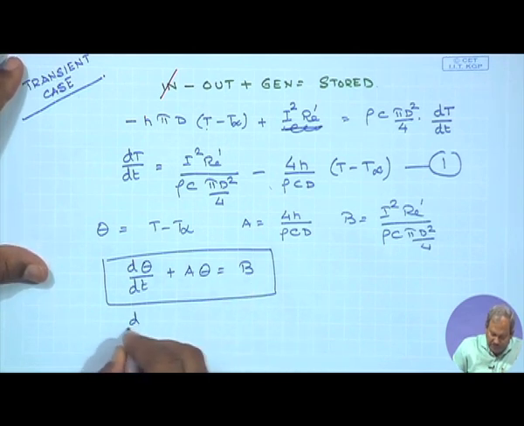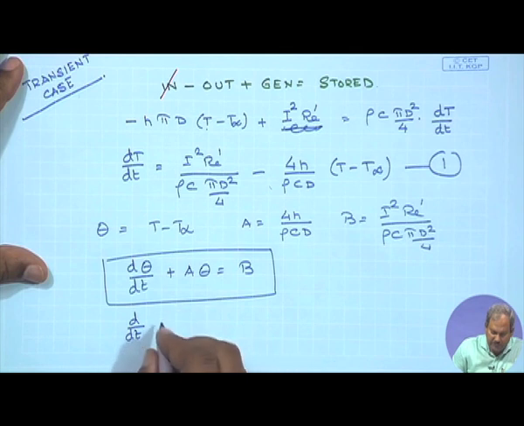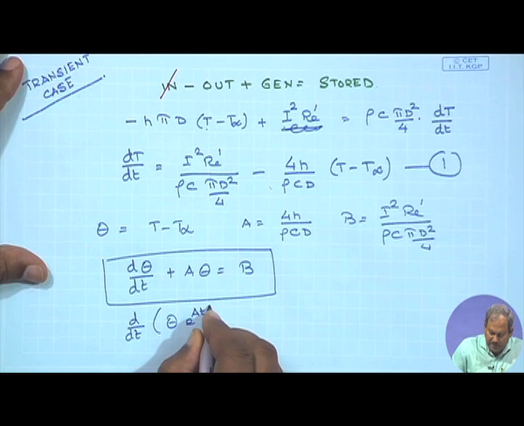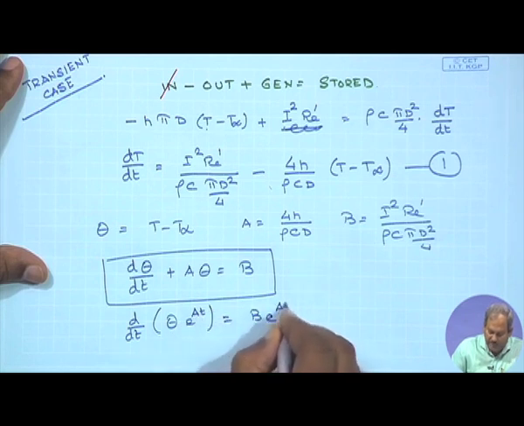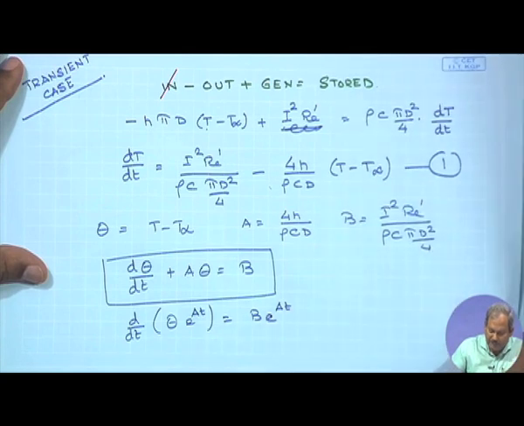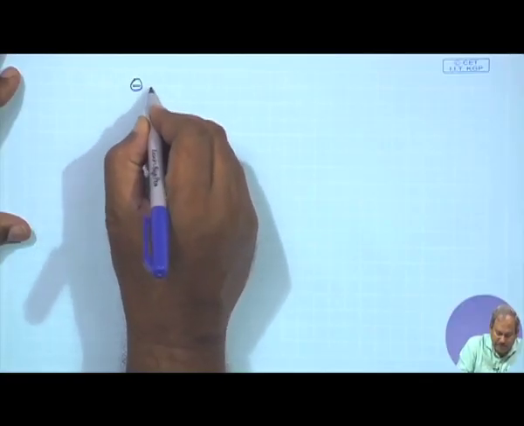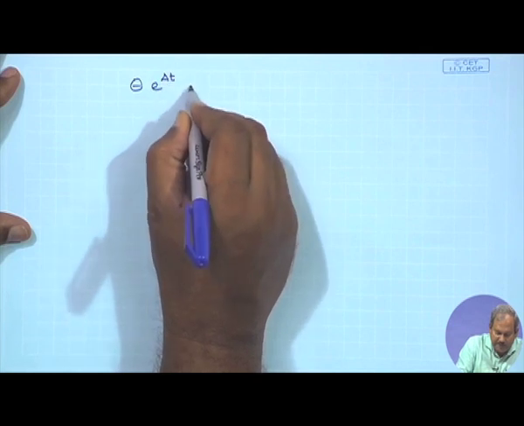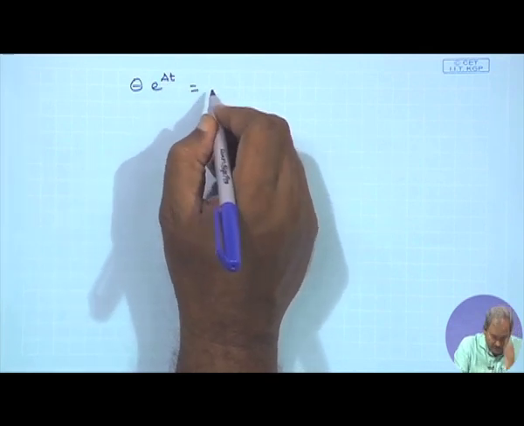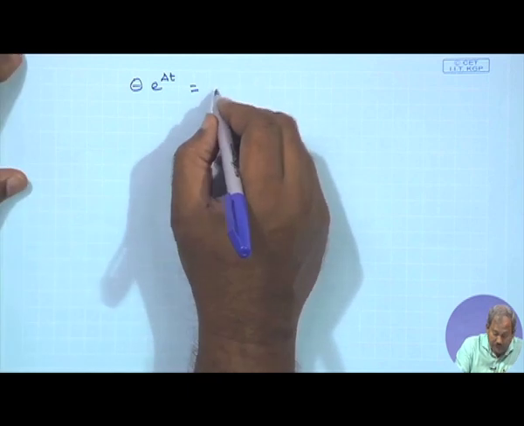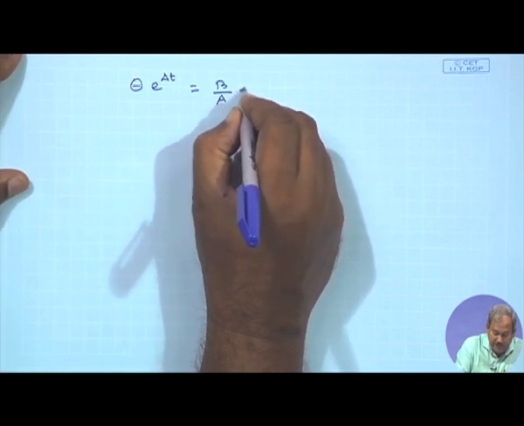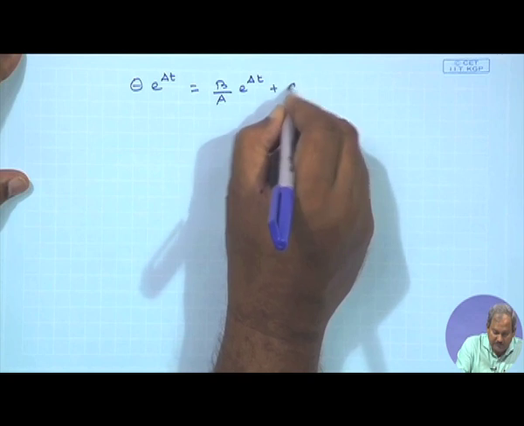This ordinary differential equation can be solved using an integrating factor, which is e to the power a t. So, you can integrate it once to obtain the final form as theta e to the power a t is equal to b by a e to the power a t plus c.